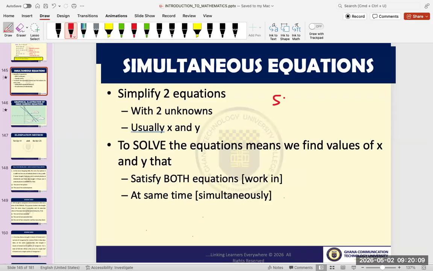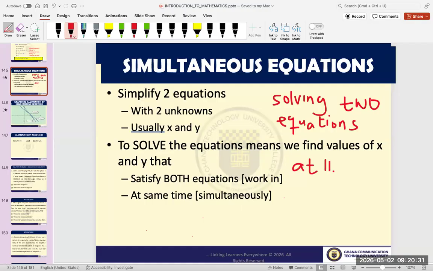It means you are solving two equations at the same time. All the ones we have done previously were one equation at a time. But this time we want to solve two equations at the same time. And that is what is known as simultaneous equations.